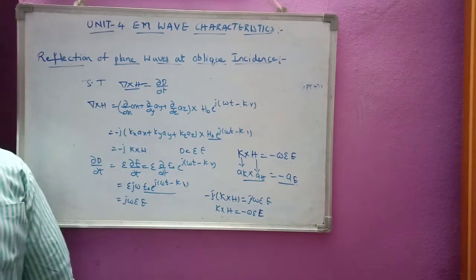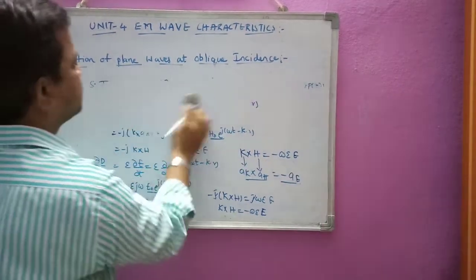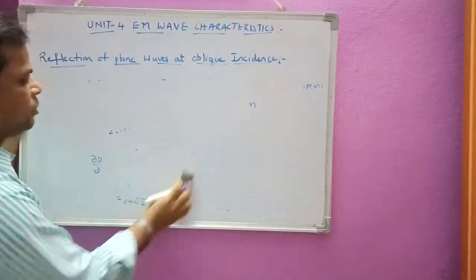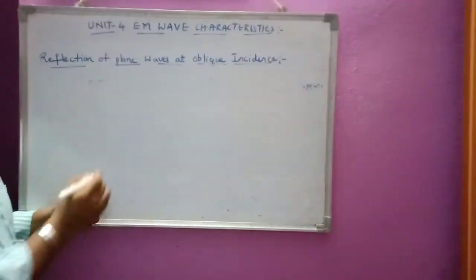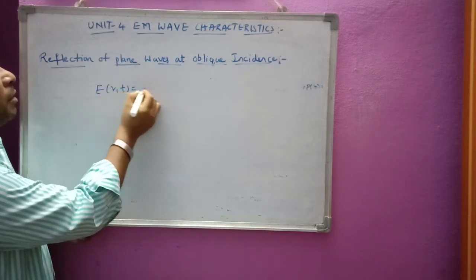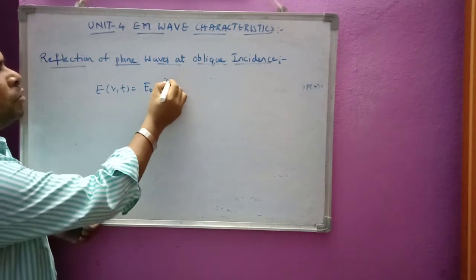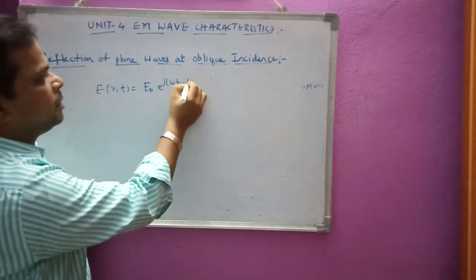Now we will take the general equation here, we will rewrite the equation, the general equation of E, that is E(r,t), E0 into e^(j(ωt − k·r)).